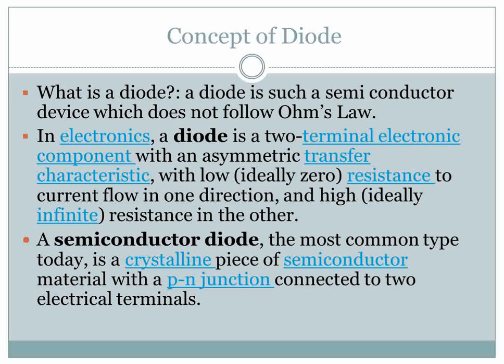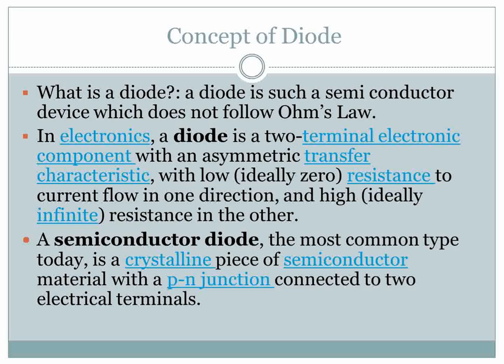At absolute temperature, that is 0 degree Kelvin or minus 273 degree Celsius, the semiconductor material acts like an insulator. The variation between the voltage and current is not proportional, so the semiconductor material is treated as a non-linear material.